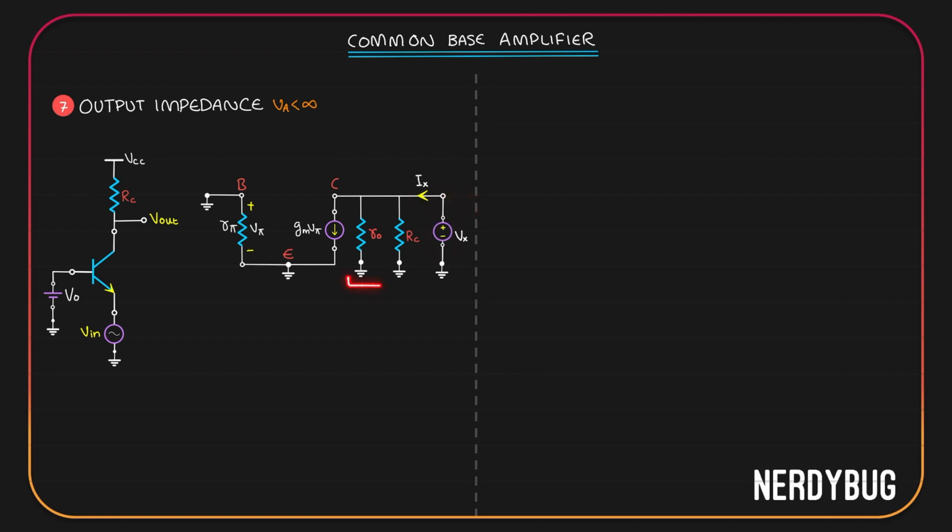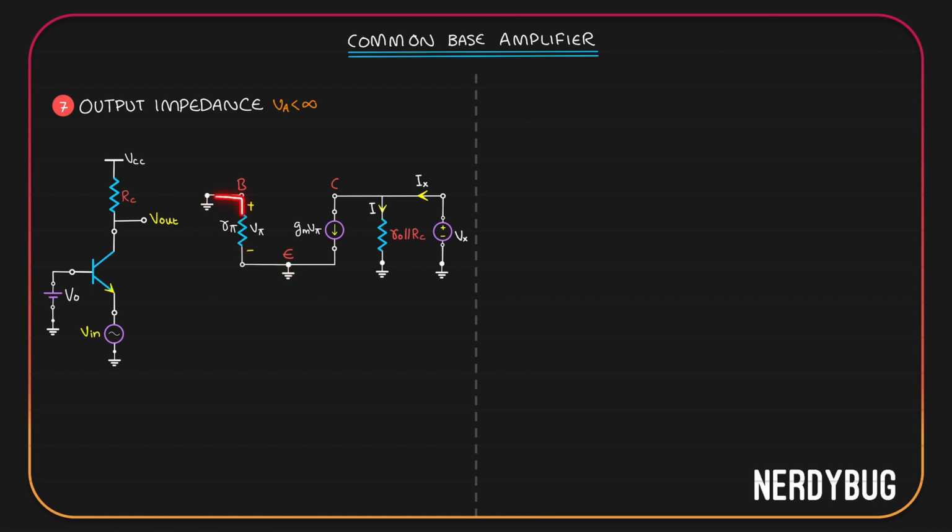We have R0 and Rc in parallel. To keep it simple, let us model them as one single resistor, R0 parallel to Rc. Let us also take the current flowing through these to be I. Now, the first and the most important thing you can see is this. R pi is shorted.